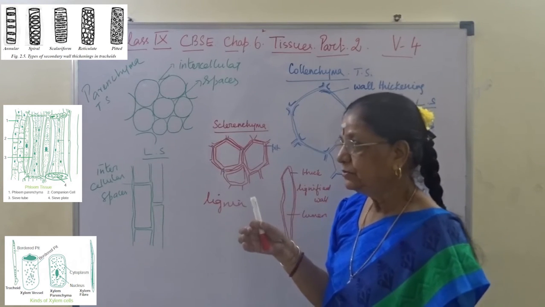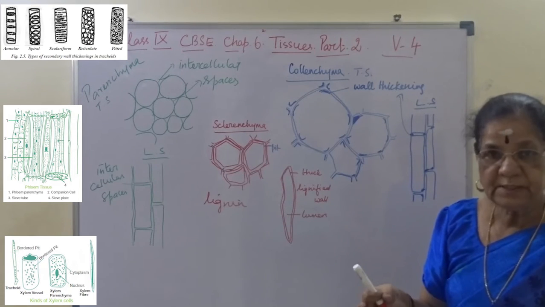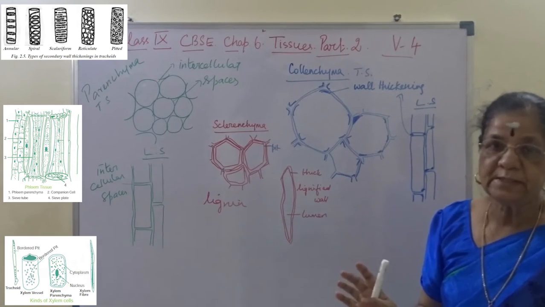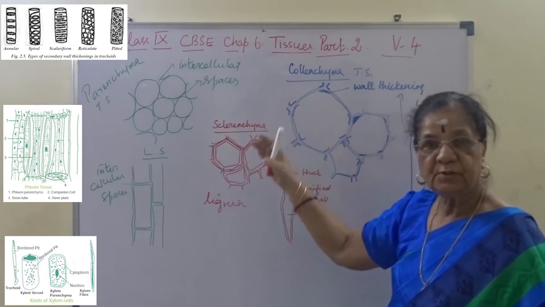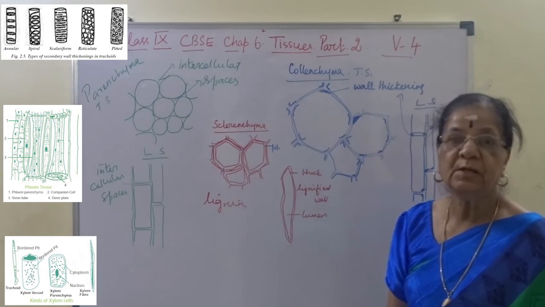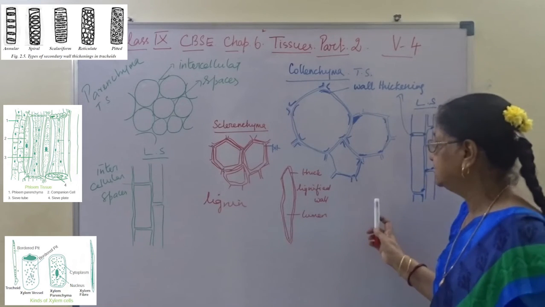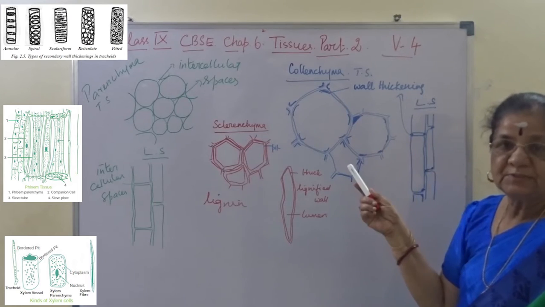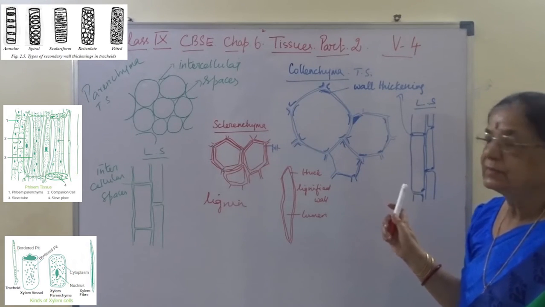These collenchyma become sclerenchyma by the addition of lignin. So there is no separate molecule; the same parenchyma becomes collenchyma and then sclerenchyma. I hope you understand. For everything in our textbook we have a transverse section and longitudinal section diagram.